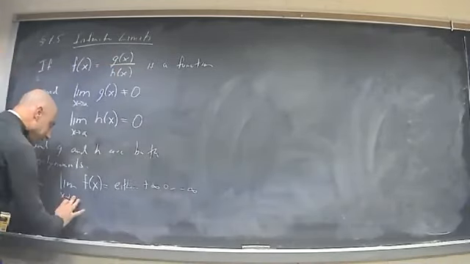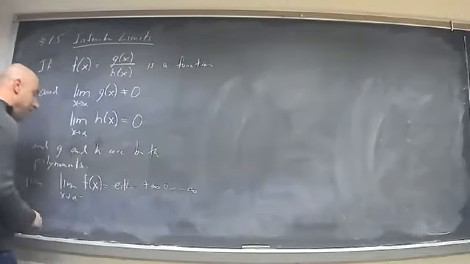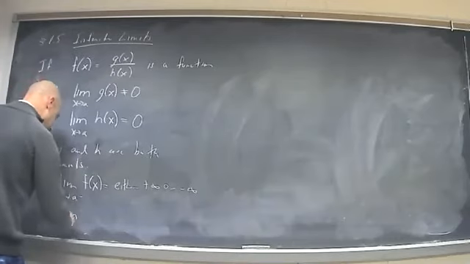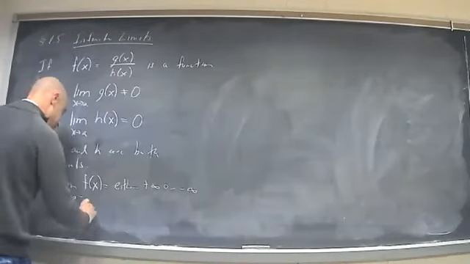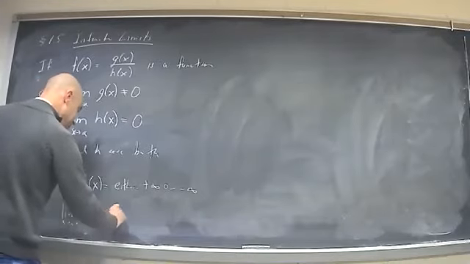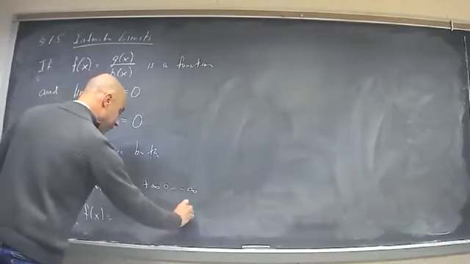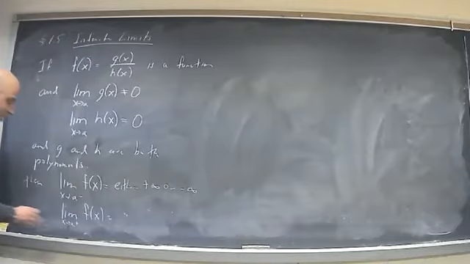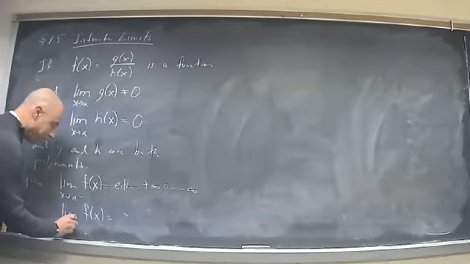And the limit as x goes to a from the left of f of x equals either plus infinity or minus infinity, and the limit as x goes to a from the right of f of x equals either plus infinity or minus infinity. It's just up to us to figure out which. So if the top isn't going to 0 but the bottom is, then each of the one-sided limits is either plus infinity or minus infinity.